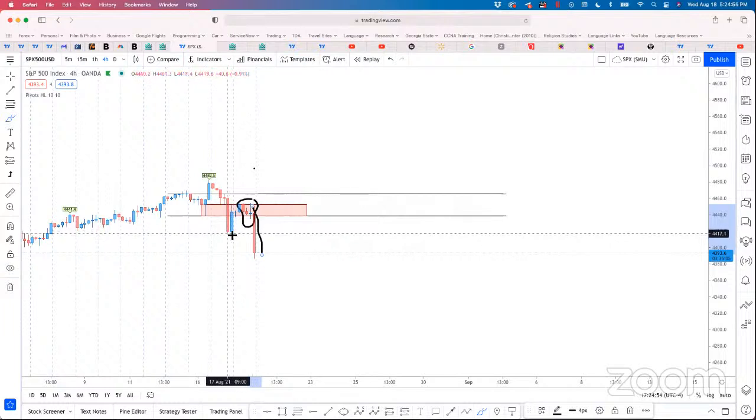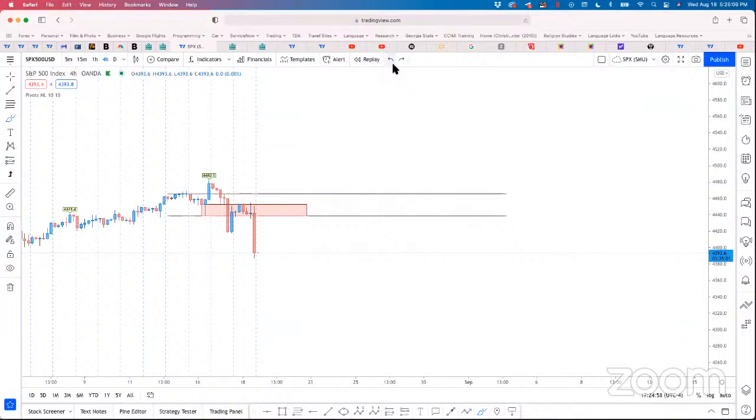This happened for another reason, but the majority of your moves are going to happen on those three candles: the 1 o'clock, the 5, and the 9. That's where the moves start, right?